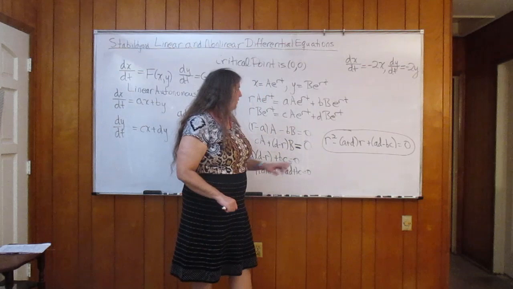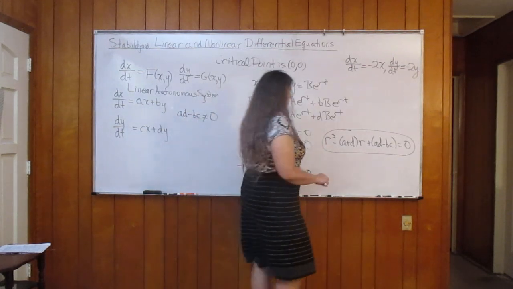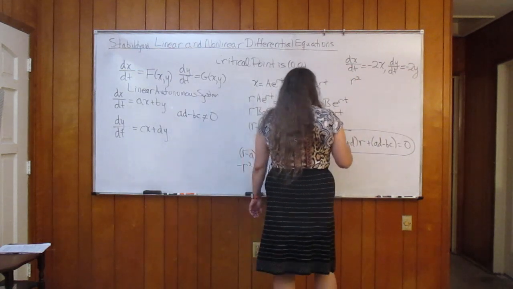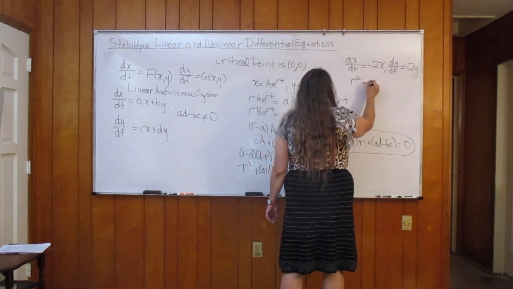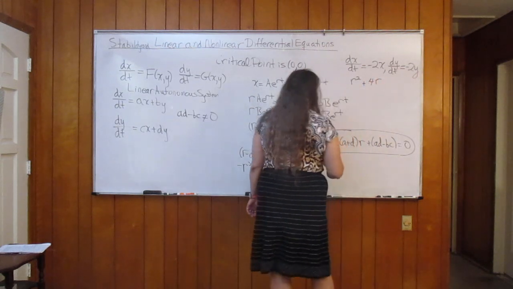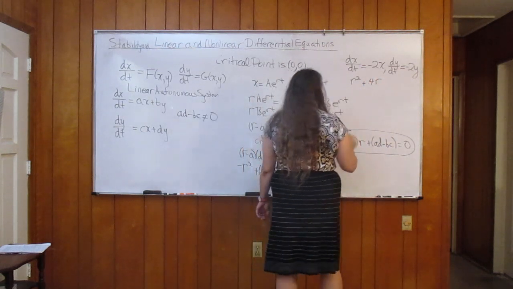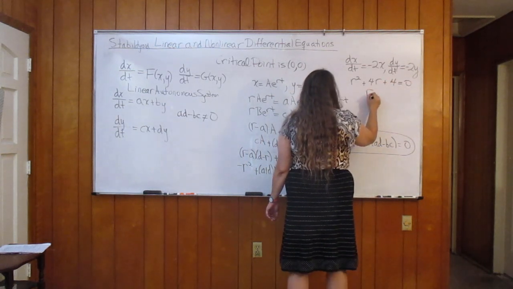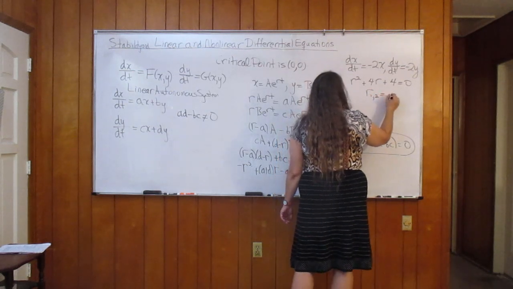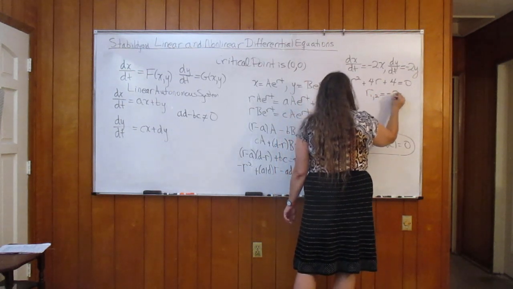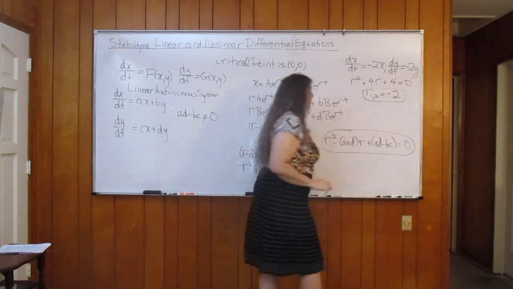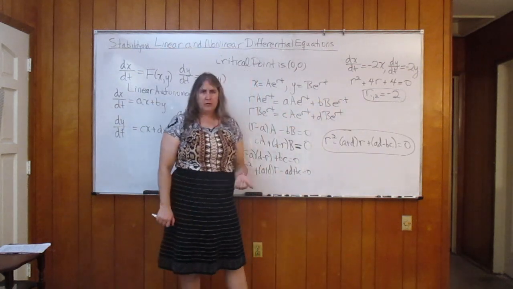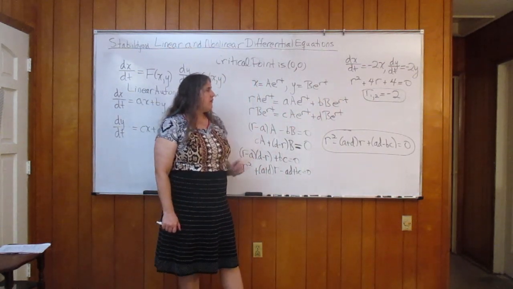We go ahead and plug this into the characteristic equation. In this case, both of the roots are equal to minus 2, so they're both going to be real. They're both negative, and they have the same value.